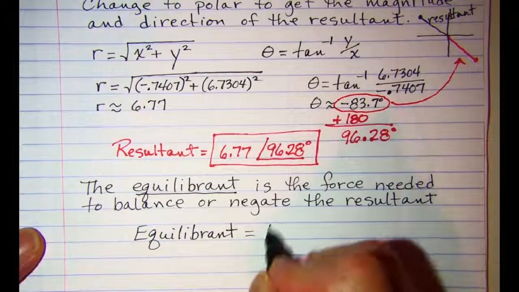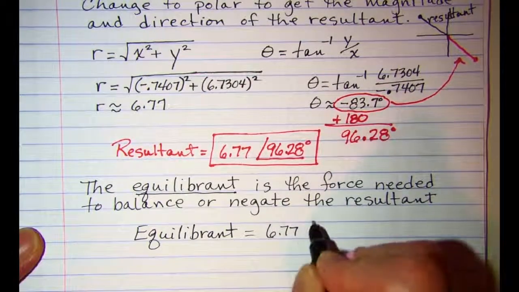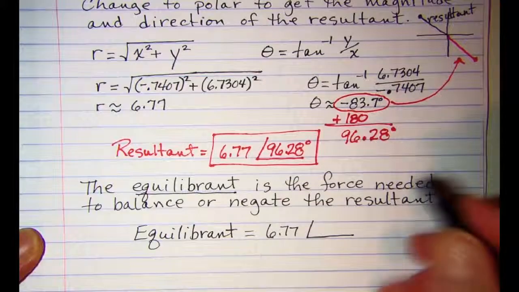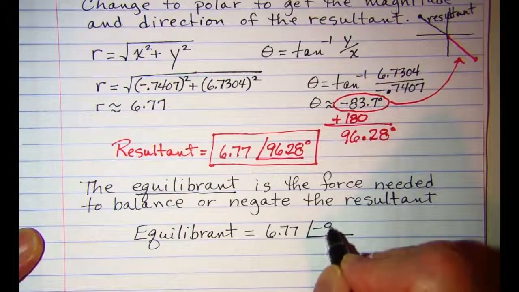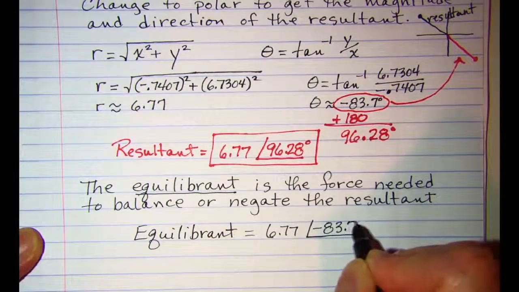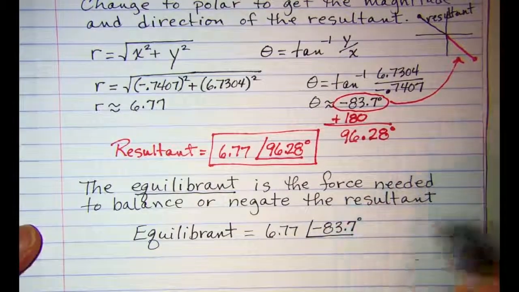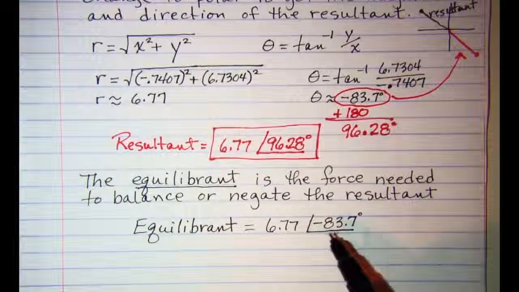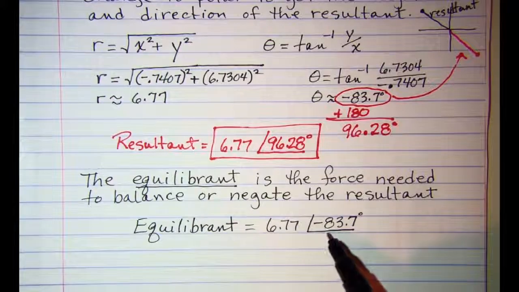So we can write our equilibrant would be 6.77 at negative 83.7. And again, usually when you talk about vectors, you don't use a negative angle.